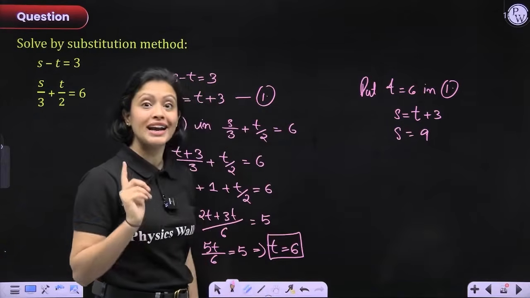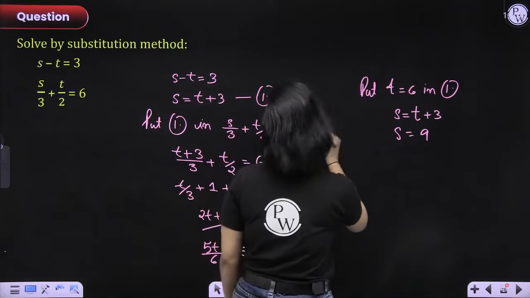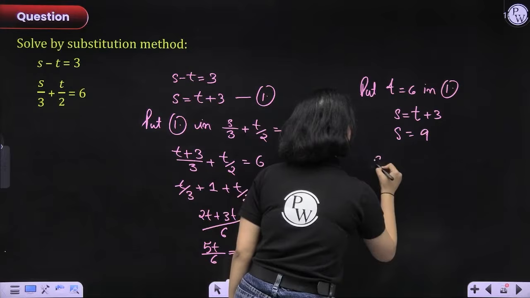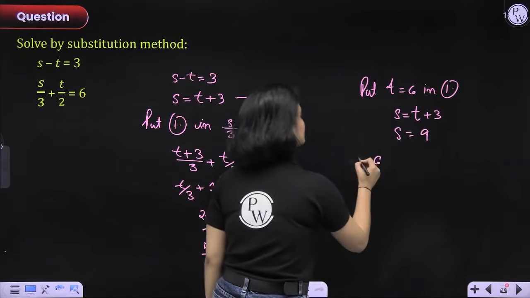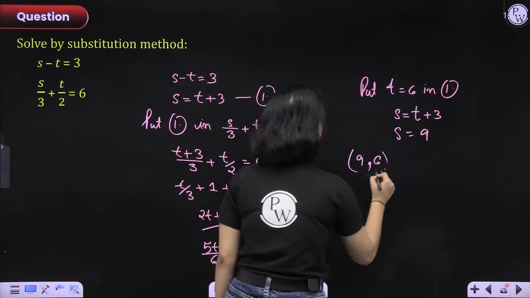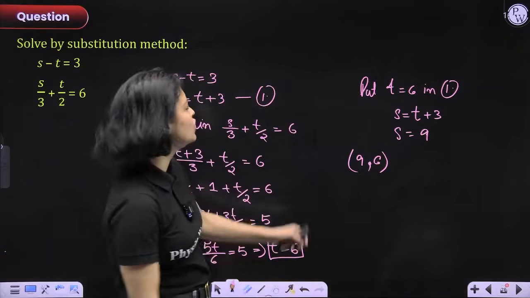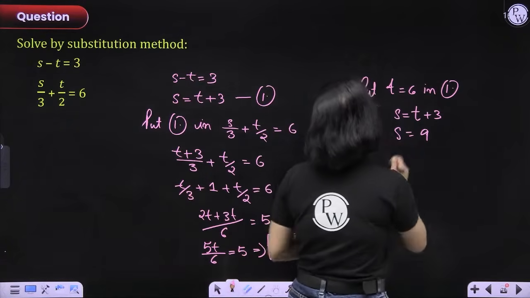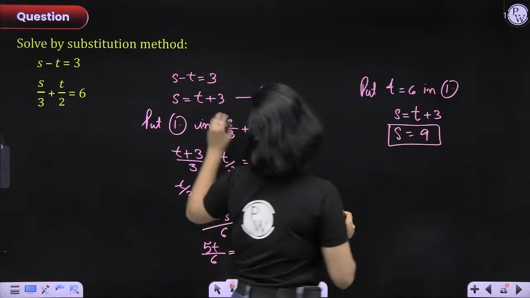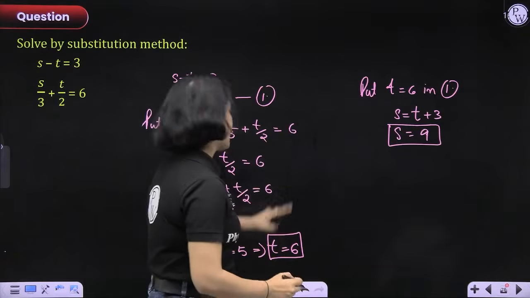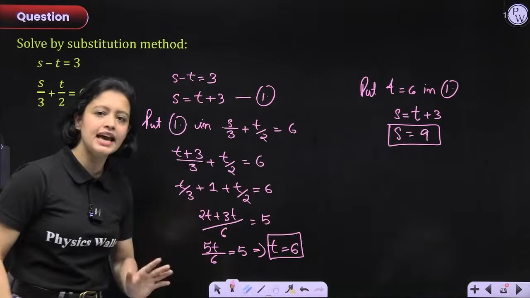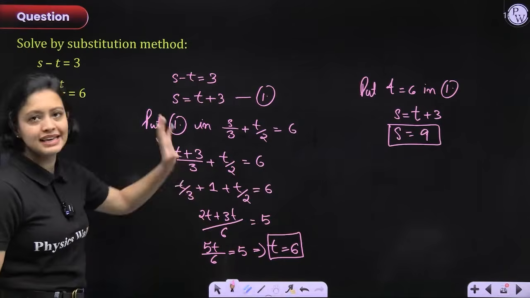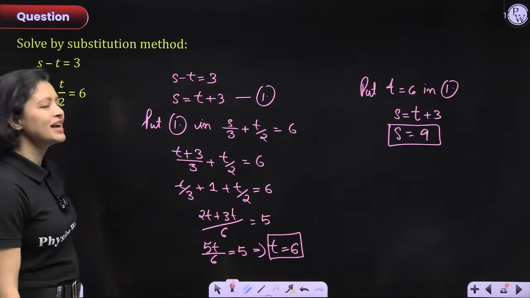Do not forget to write the solution. You'll put 6 in place of t and 9 in place of s. So the solution would be (9, 6). Or if you don't want to write it like this, you can just write t is 6 and s is 9. That's it. Okay? I hope you understood. Pretty easy, pretty basic. With that, everyone, let's move on.